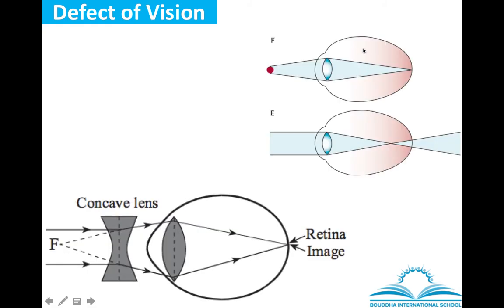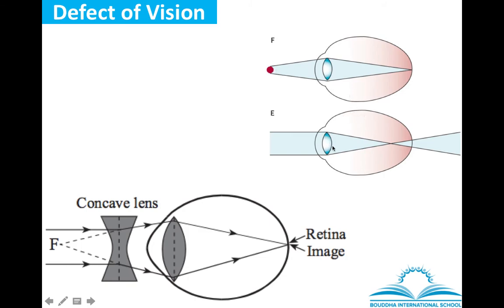Here you can see this is the object in front of the eye, which is near. The rays of light from the near object are exactly focused on the retina. This means this eye is able to see near objects clearly.